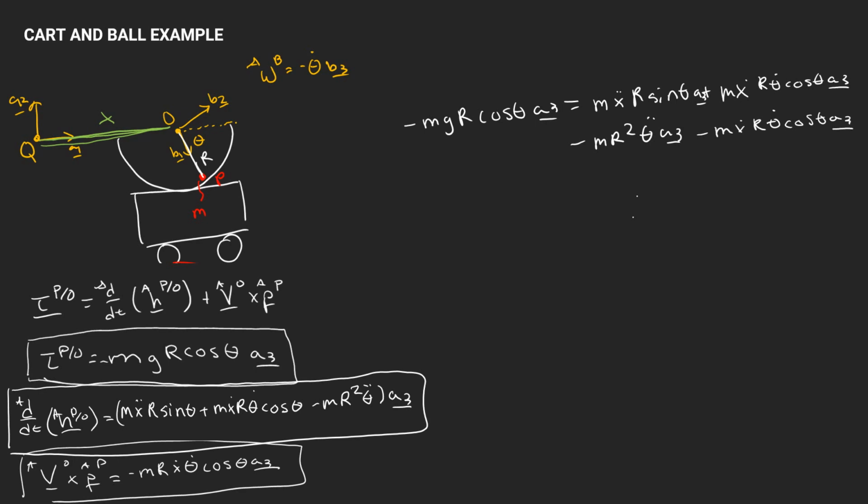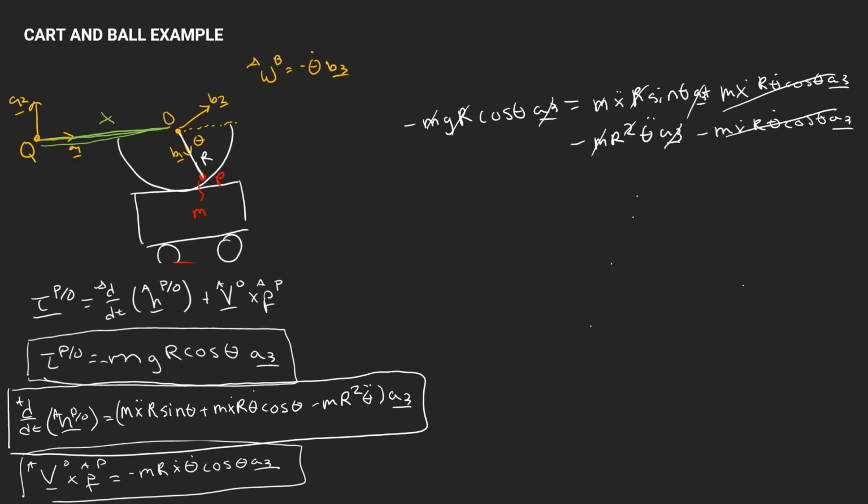So these two terms cancel each other out, and we can cancel out a few other things while we're at it. We can get rid of the m's, some r's, and the a3s.